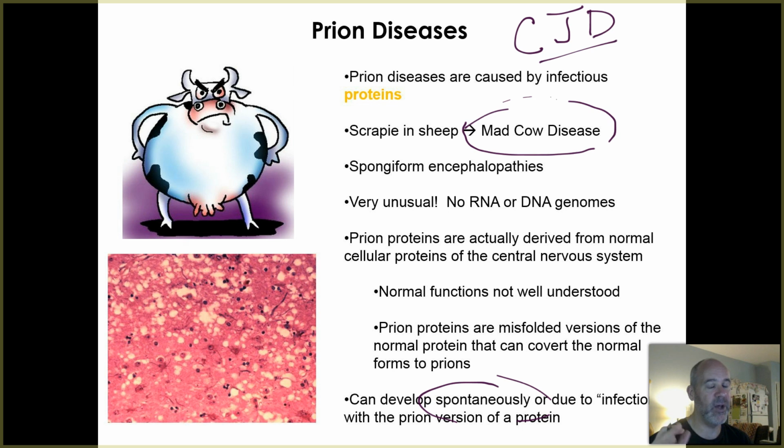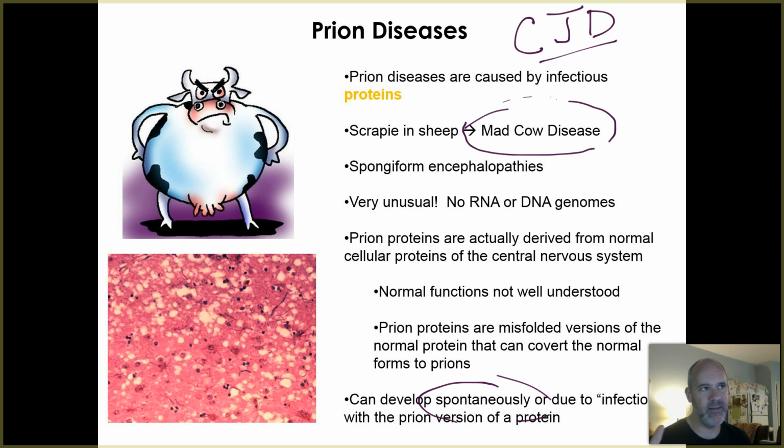So if it's unknown that there's a mad cow disease outbreak in a cow population, it can spread by cattle feeding off of the brain tissue of other cows who have these prions. But anyway, if you eat beef that's contaminated with these prions, they can actually get absorbed through your intestinal tract into your blood, and they can pass across the blood-brain barrier and get into your brain, and then you can develop mad cow disease from that.